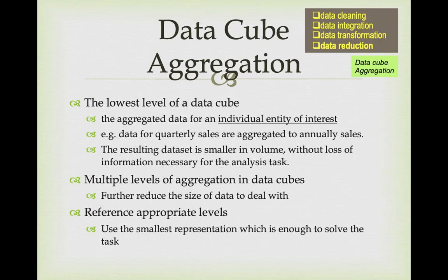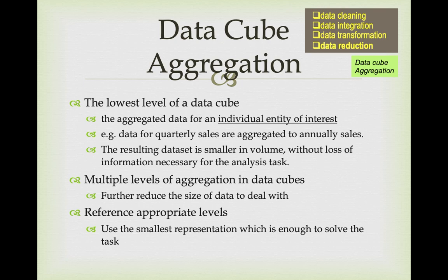Data cube aggregation. The lowest level of a data cube is the aggregate data for an individual entity of interest. For example, data for quarterly sales are aggregated to annual sales. Okay, the resulting data is smaller in volume without loss of information necessary for the analysis task.